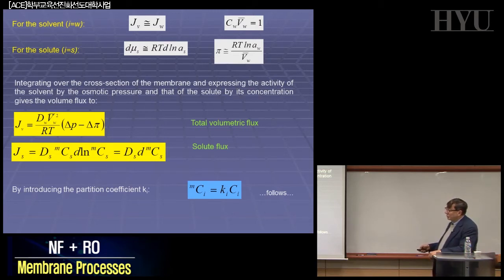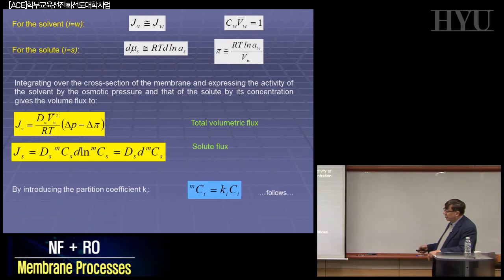The solute flux is the same kind of term, in terms of the concentration of our species and the diffusion coefficient in the membrane phase. So these two expressions give you the total volumetric flux and the solute flux.